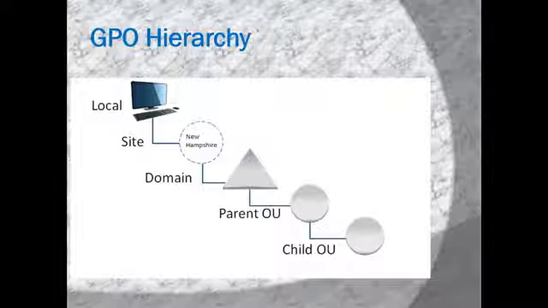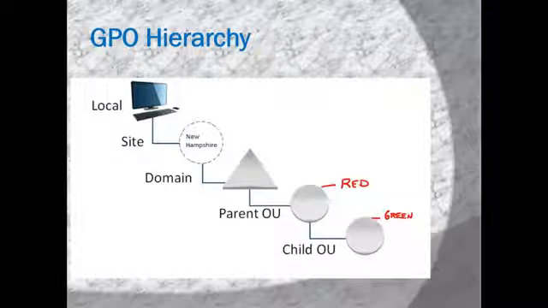So on the parent OU, we're going to actually set it up so that anybody who logs in is going to get the red corporate wallpaper. But on the child OU, everybody who logs in is going to get the green corporate wallpaper.